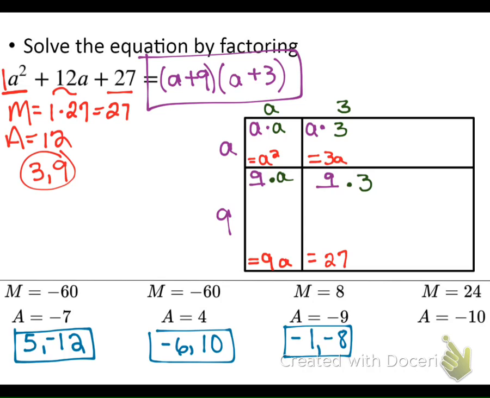Because your m is positive and your a is negative, that means that both of your factors are going to be negative, because two negatives when you add together will stay negative, but two negatives when you multiply together will be a positive. So if I'm looking at 24, if I take negative 4 and I add negative 6 to it, I will get negative 10. If I multiply negative 4 times negative 6, I'll get positive 24.